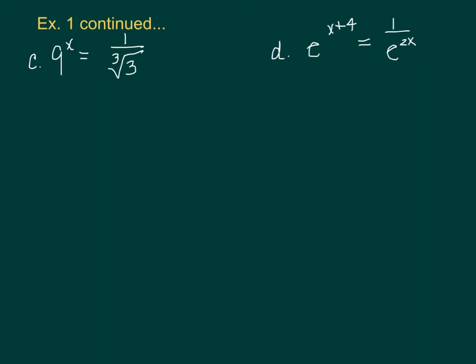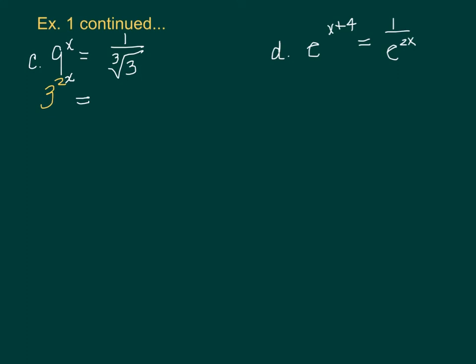Example 1 is continued with C. Here's another problem where you're going to have to change both bases. I know 9 is a power of 3, so I'm going to make that 3 to the second power and leave in my x.